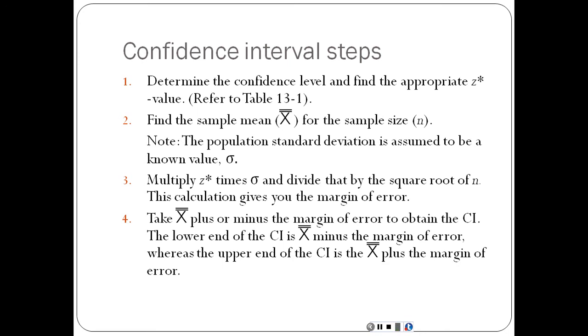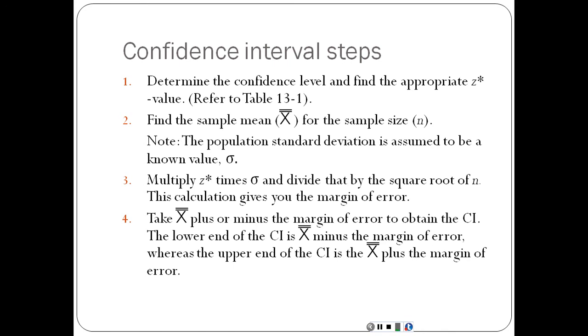After you've figured out the appropriate z-value, find the sample mean for your sample. Note that the population standard deviation is assumed to be known. In this situation, you would already be given the population standard deviation; you would not have to figure that out. Then you multiply your z times your population standard deviation.